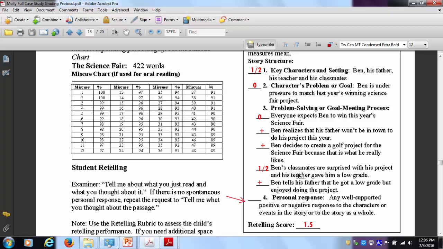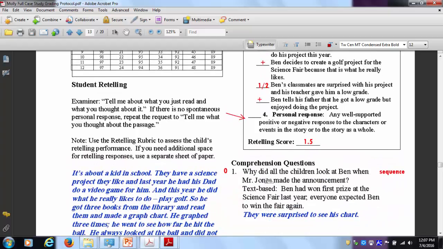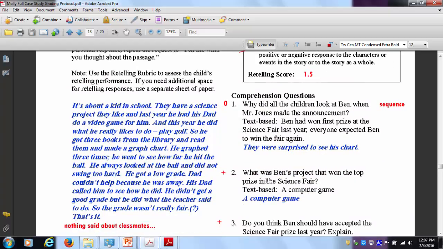Now notice here's another interesting thing. Ben's classmates are surprised with his project, and his teacher gave him a low grade. Now, you have to put half because this part's right, but that's ignored. Then, of course, he tells his father. I put this arrow here. Why? Because I want to go back here to this.